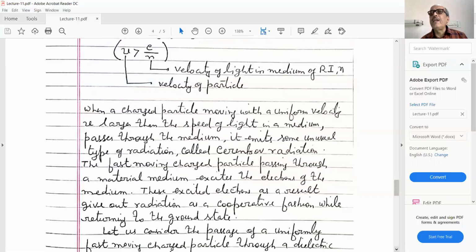So I'm talking about radiative radiations. When the electron comes back from the excited state to the ground state, in a cooperative fashion, it gives out radiation. But they are not radiating in all directions. There are some particular directions only in which these radiations are very prominent.